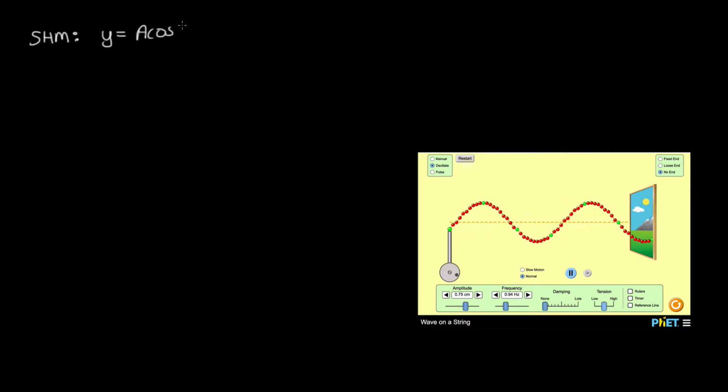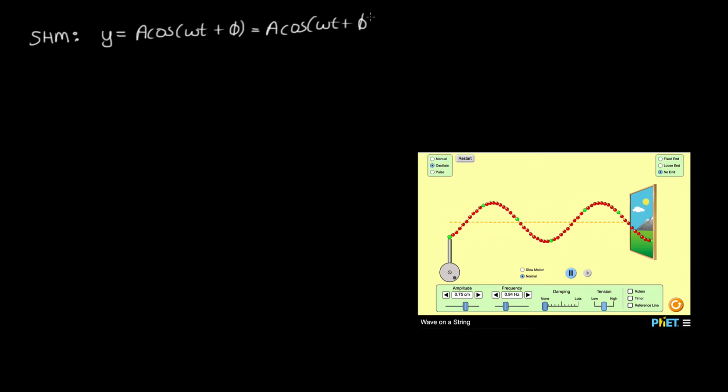So we know for simple harmonic motion, the displacement of a particle from its equilibrium position can be described by the equation y is equal to A cos(omega t plus phi), where phi is a phase constant and it's chosen so that we can match whichever equilibrium conditions we're given. So let's just rewrite this because it'll be a bit more useful this way, as y equals A cos(omega t plus phi dash).